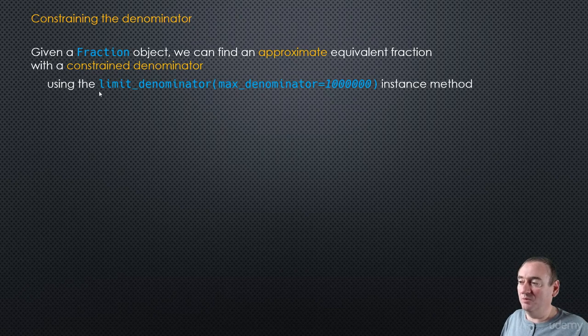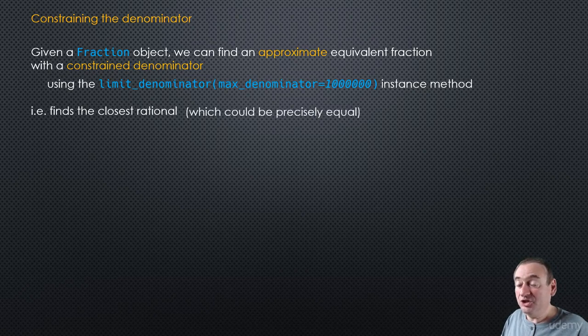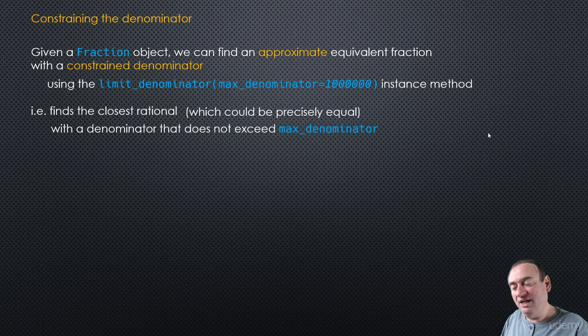By the way, we'll use the limit_denominator instance method, where we can specify the max denominator. What this does is find the closest rational number, which could be equal, but the closest one. It'll find the closest rational number to this fraction, but the denominator will be constrained so that it will not exceed max denominator. So let's take a look at an example.